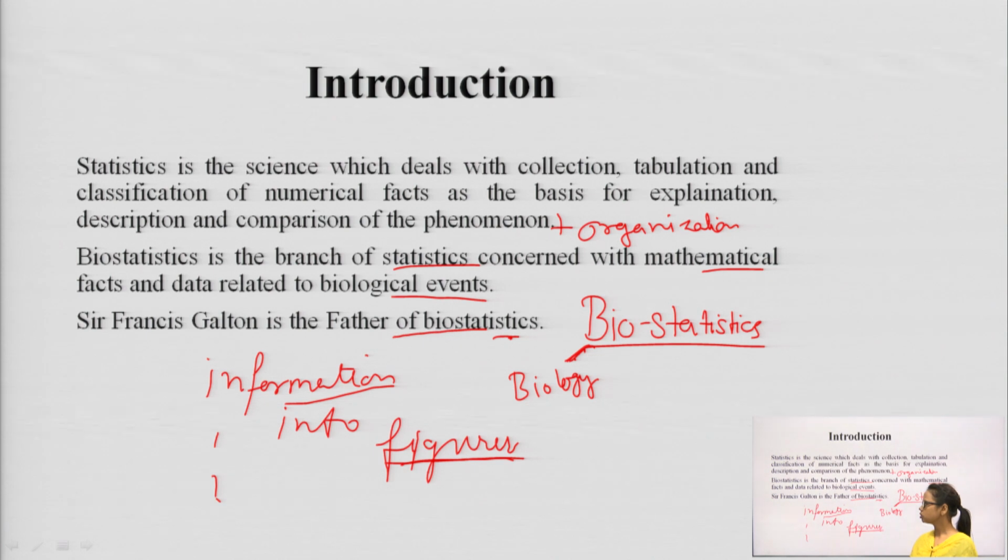Because he was the first scientist who introduced statistics into biology. He studied the inheritance of intelligence and various other factors and converted the information into figures by using statistics. That's why he is known as the father of biostatistics.